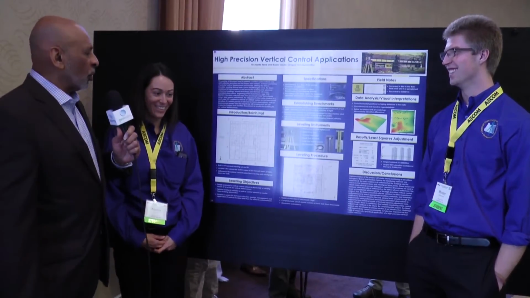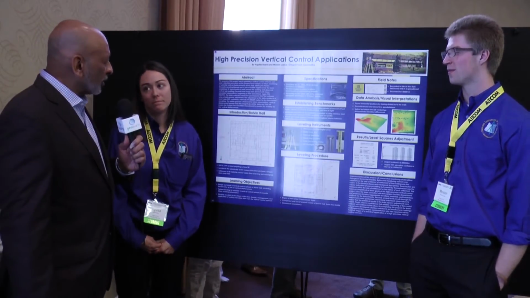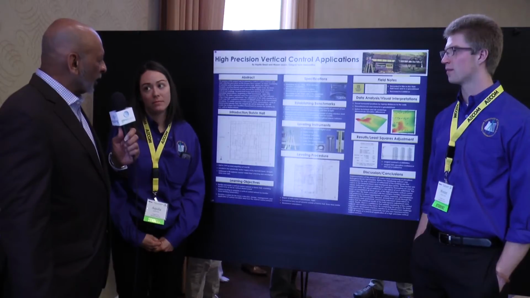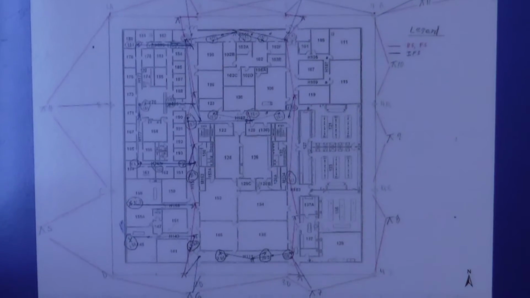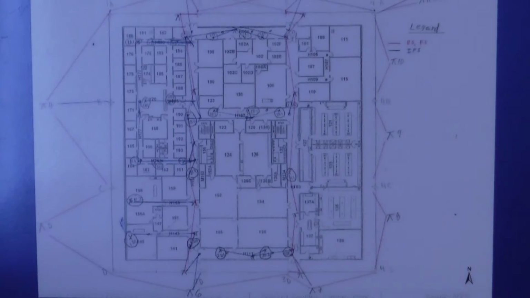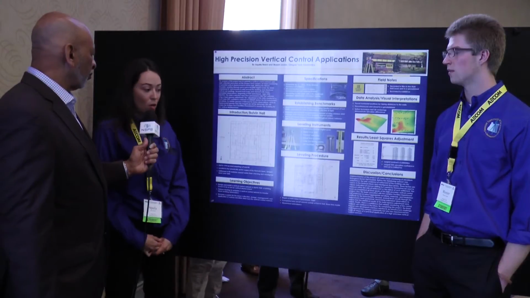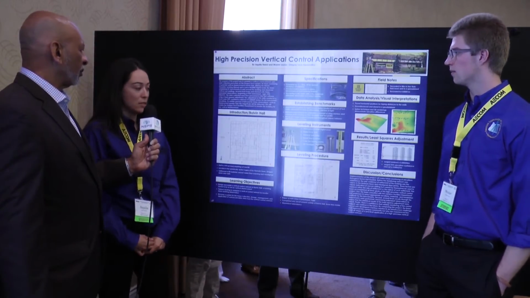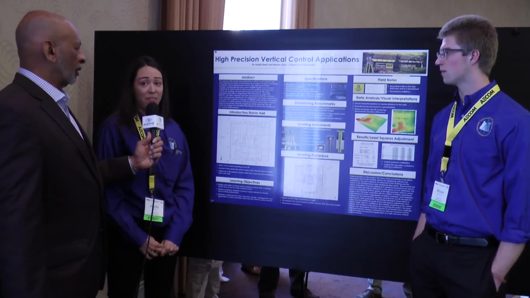Okay, so I understand that your project is kind of interesting because you actually ran a level loop outside the building, but you also ran one inside the building. So, what is the purpose of running these level loops? So the outside level loop was each of our benchmarks were set on a load bearing column on the exterior of the building.